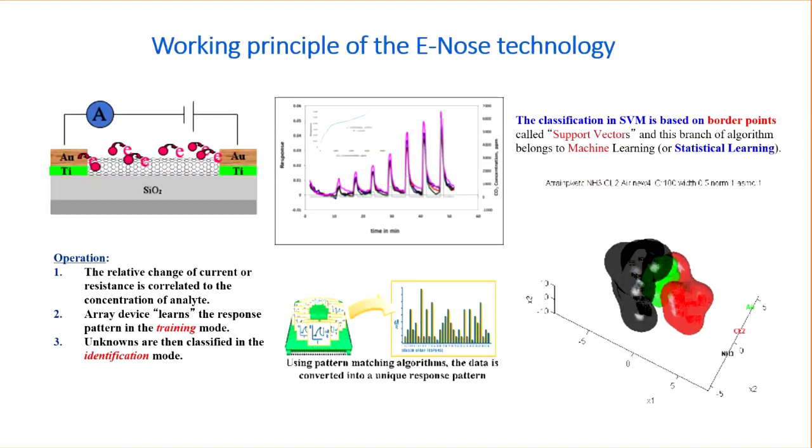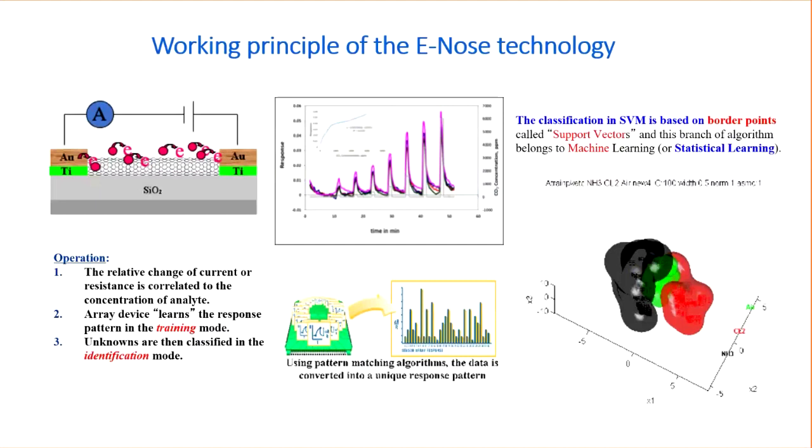And then we can use the pattern recognition algorithm to do the classification, as shown on the right side. We are using the support vector machine learning algorithm to do the classification.